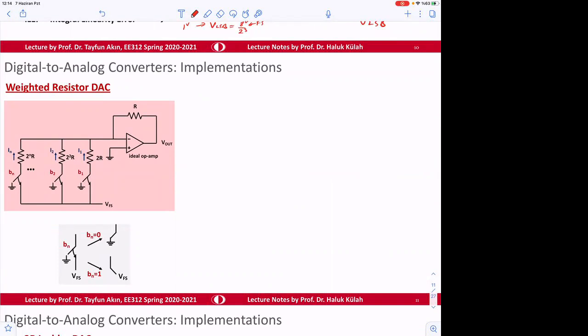Okay, so this is the most straightforward implementation of this device. We say that this is going to be a D to A converter. And then there's going to be 3 input bits.